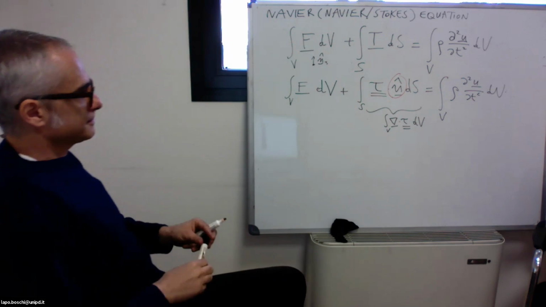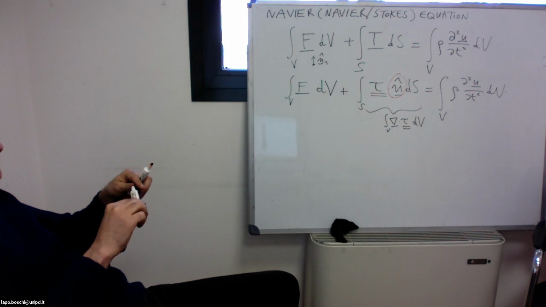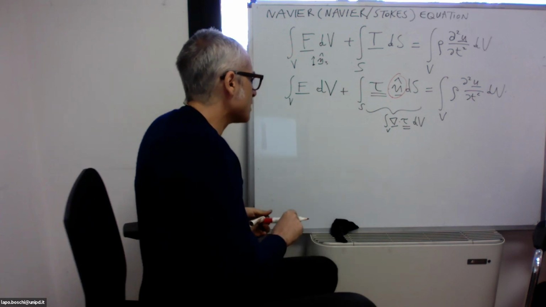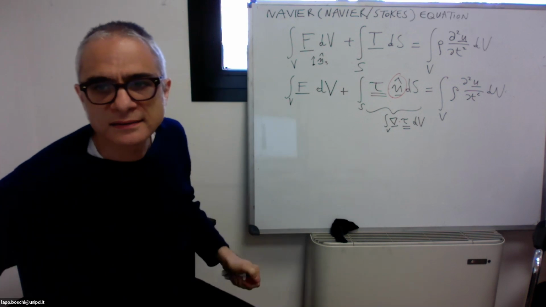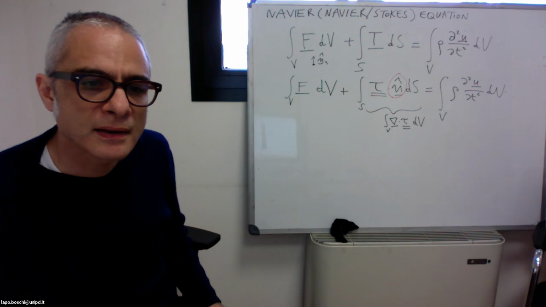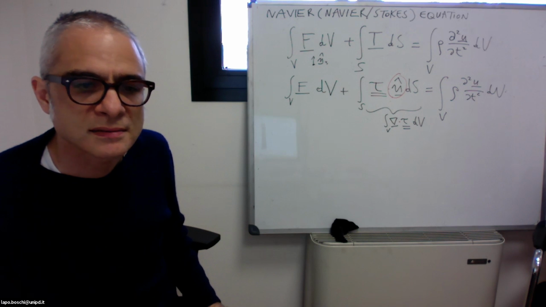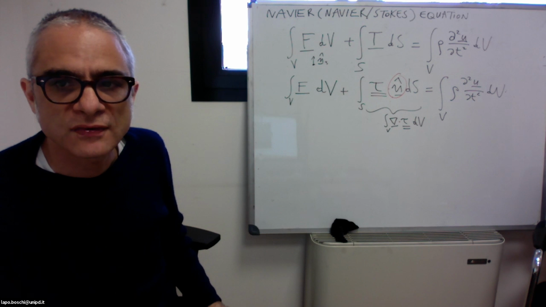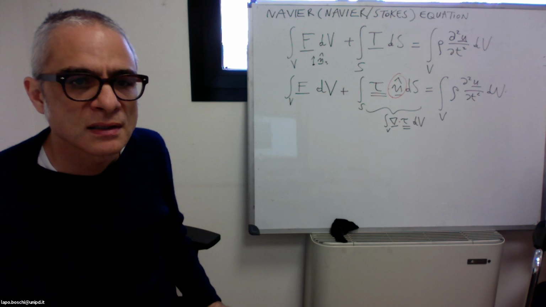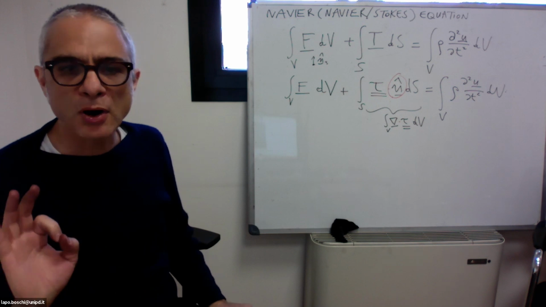All right. So let's write it down properly, and actually let's write it as a useful exercise, and also because it's going to make our life easier in a couple of minutes. Let's write it component by component.